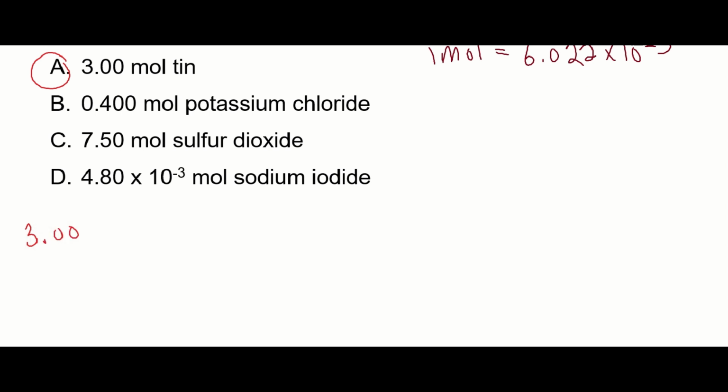3.00 moles of tin. We need a conversion factor with moles on the bottom to cancel out what we're given and put the representative particle of tin as atoms. So that goes on the other side.